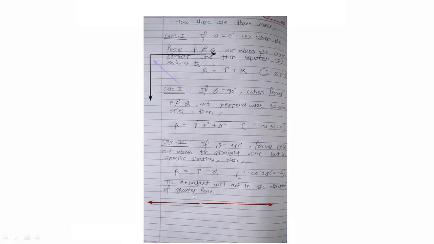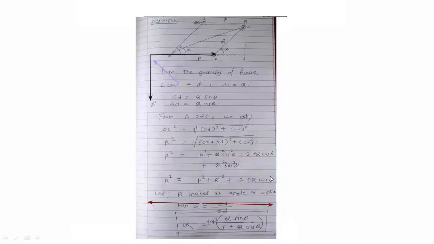Now, if these two forces are at 180 degree, the angle between these two will be 180 degree, and cos of 180 will be equal to -1, and therefore this term will become -2PQ if we substitute cos of 180 equal to -1.